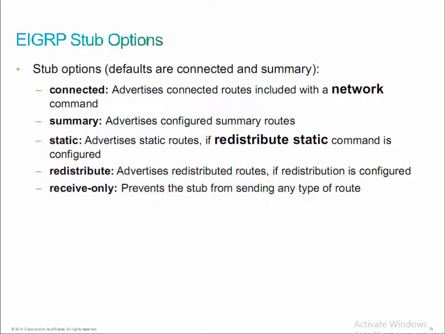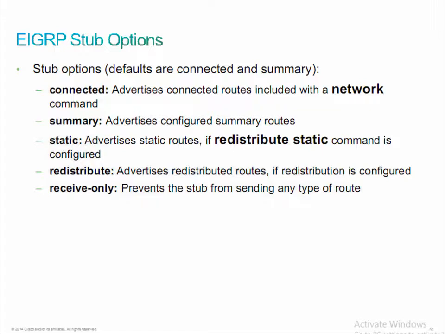That is a common function of the stub process. No matter what, queries get suppressed. But the secondary piece is, what is the stub router going to send back to its neighbors? Connected, summary, static, redistribute, receive only, or connected and summary. And you can actually combine any of these. You could say EIGRP stub static summary, or EIGRP stub redistribute summary, or whatever. So you can do multiple combinations if you want.